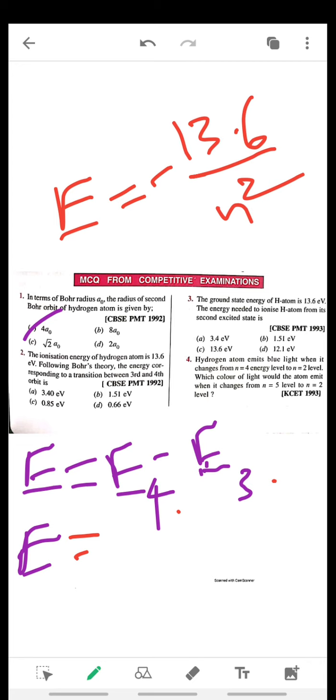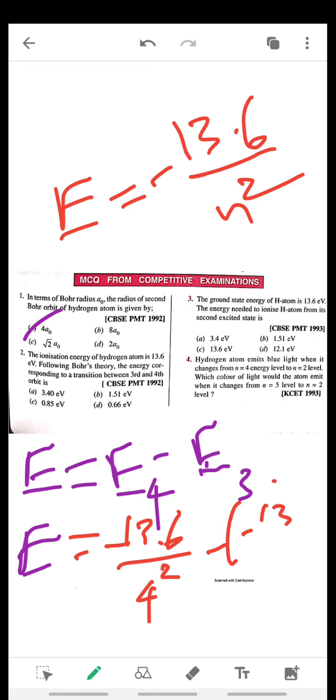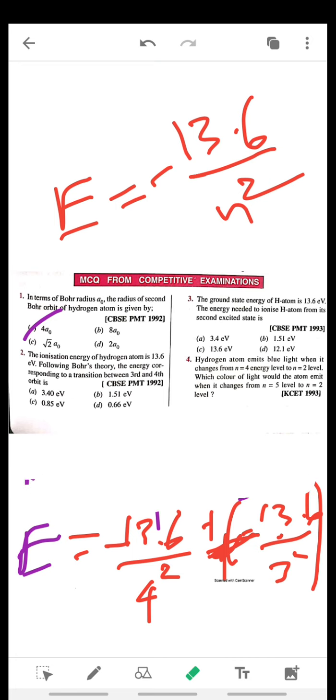E4 we can write like this: minus 13.6 divided by 4 square, minus, in bracket, minus 13.6 divided by 3 square. And this minus into minus becomes plus.